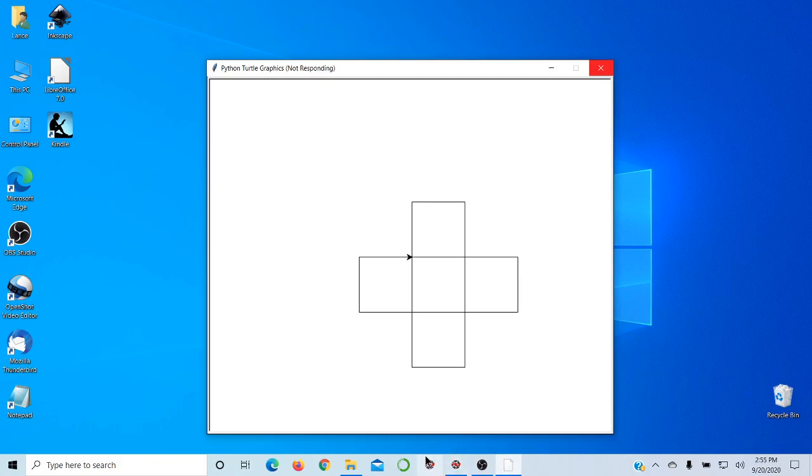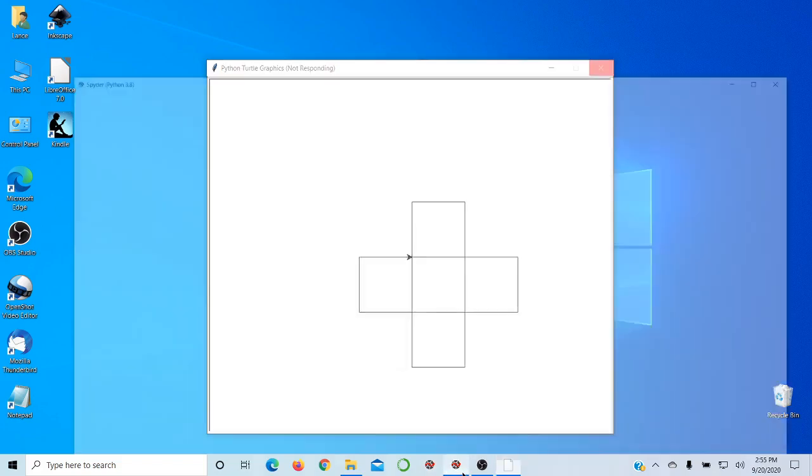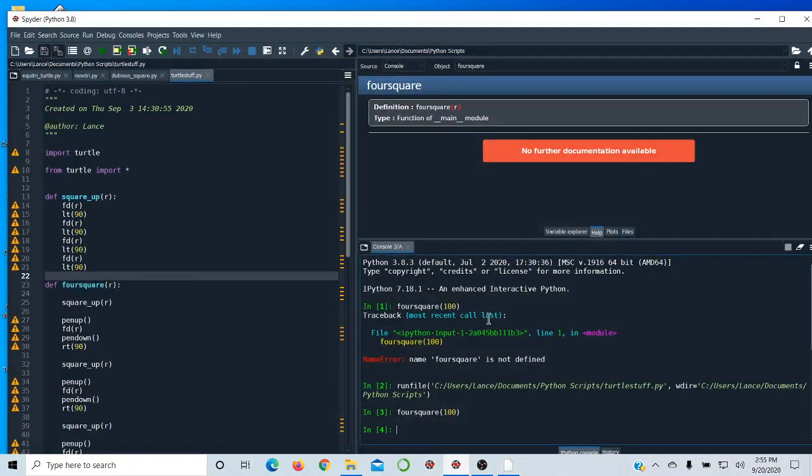So let's take a look at that and see how I did it. If you draw a square up R, then everything's fine, except the next square has to start at the end of the bottom side of that square instead of the top, instead of the beginning.